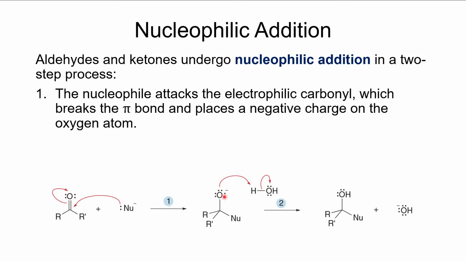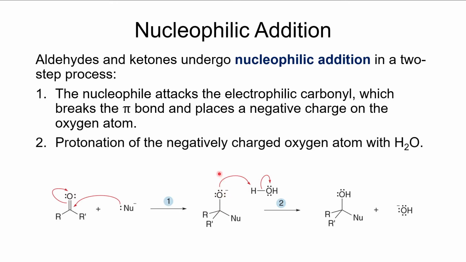In the second step, we protonate it with some compound capable of protonating it, usually water, but it can be alcohol, and we end up getting this alcohol. So that is our 2-step mechanism for a nucleophilic addition to either an aldehyde or a ketone.